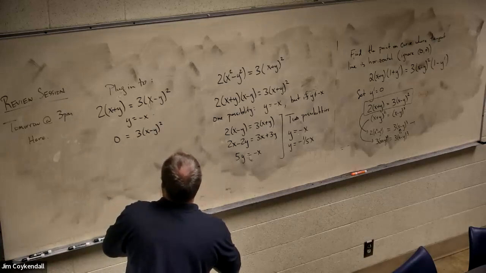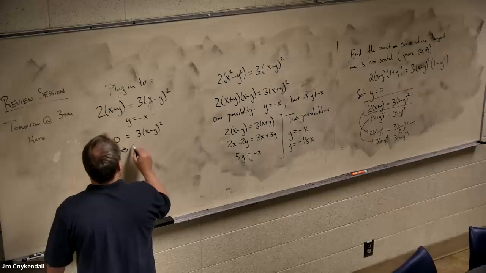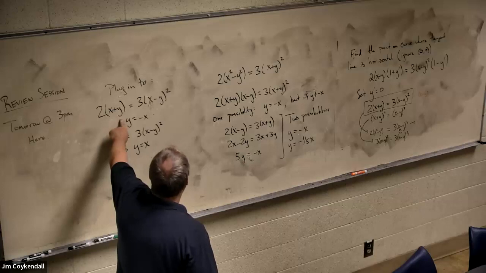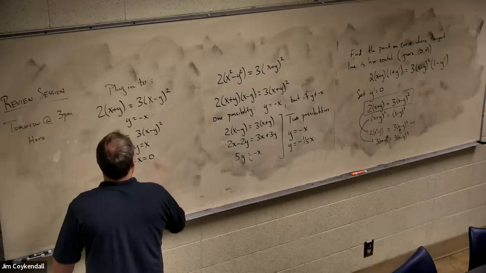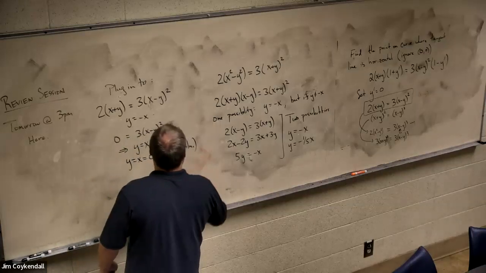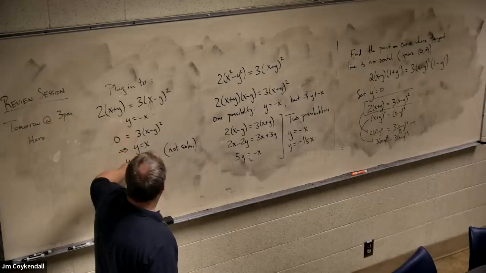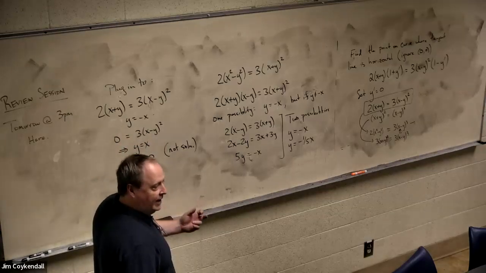And that also gives me y equals x. Oh, right, and this gives me y equals x. And so if y is minus x and y equals x, this means that x is 0. This is not a solution, because here we're plugging y equals minus x, and this equation right here gives y equals x. So if y equals minus x and y equals x, that means x is 0, means y is 0.